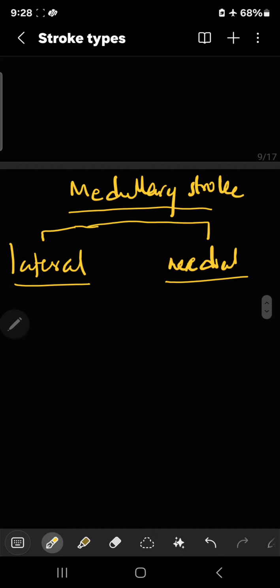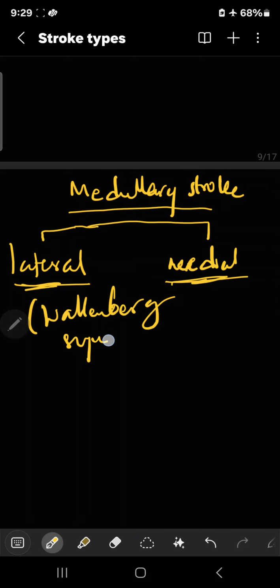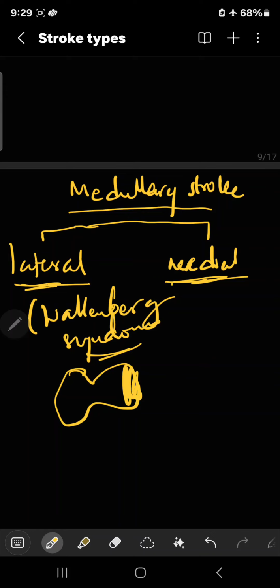Now we move on to the medullary stroke. In medullary stroke there will be lateral medullary stroke and medial medullary stroke. Lateral medullary stroke is also called Wallenberg syndrome. So suppose this is the medulla oblongata, the lateral part will be gone.